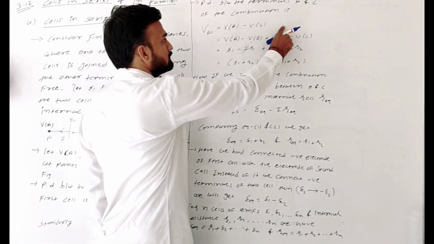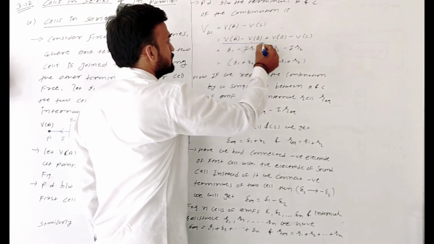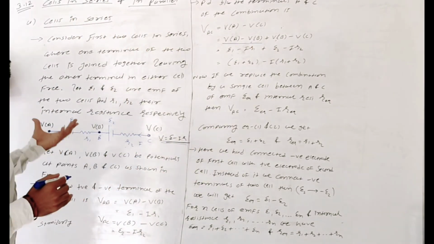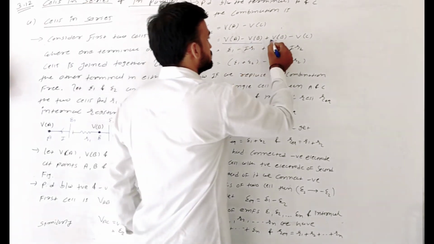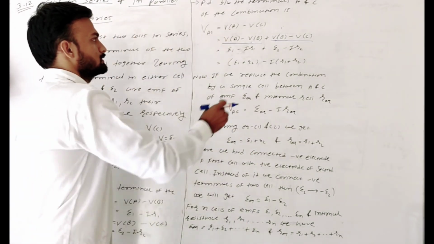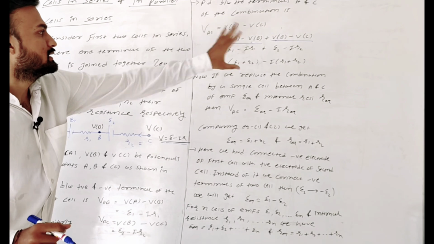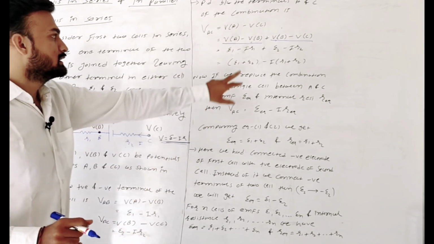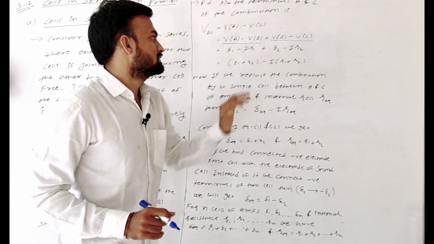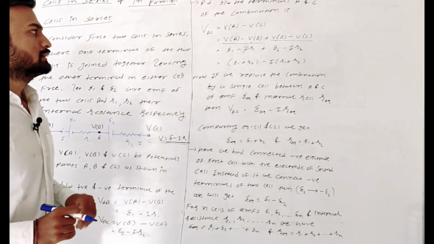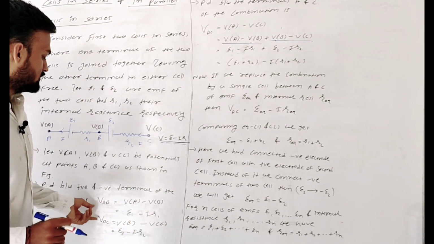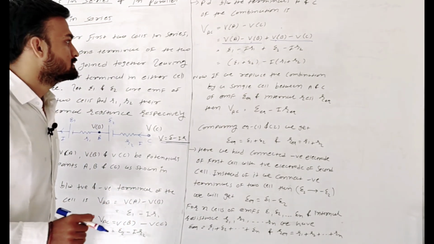So it is the addition of the potential difference across the first cell plus the potential difference across the second cell. So VA minus VB is E1 minus IR1 plus VB minus VC is E2 minus IR2, putting the values of VAB and VBC.